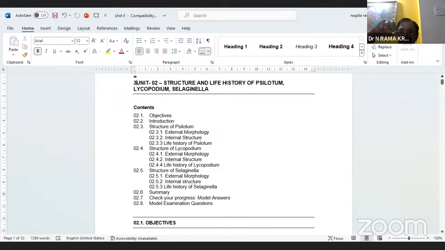In the protostele we look only at the central part, and in the siphonostele the tissue is arranged around the center. So where do siphonosteles come from?